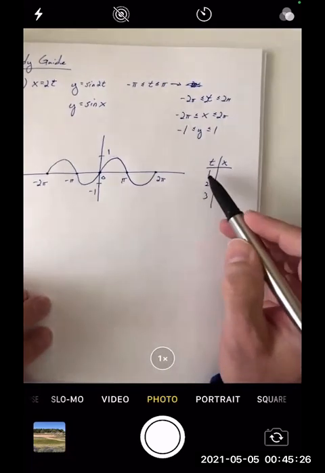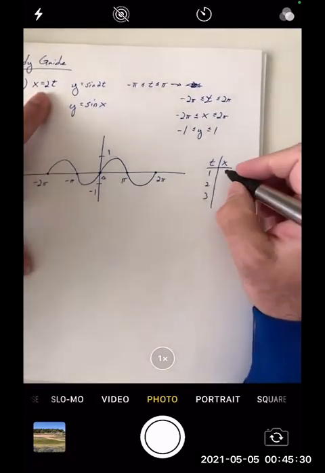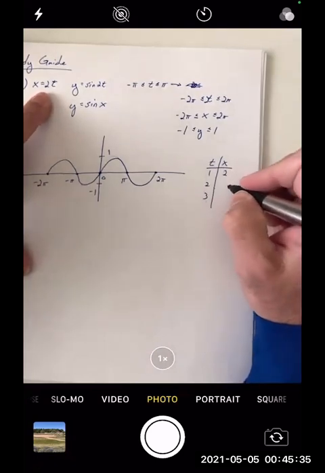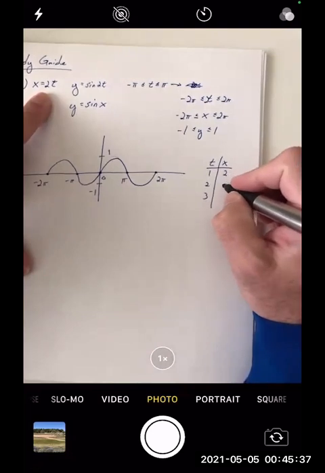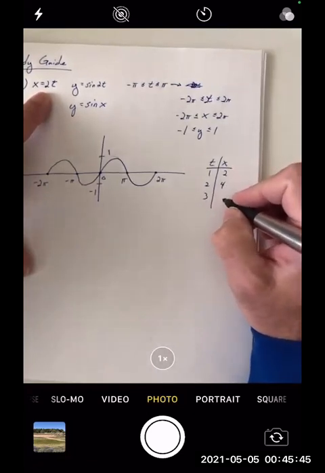Say t equals 1, 2, and 3. If t is 1, what's x? 2. If t is 2, 4. And if t is 3, 6.